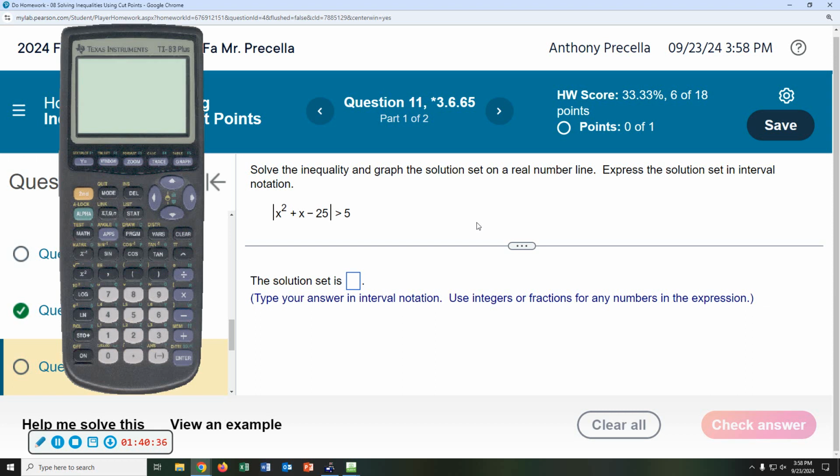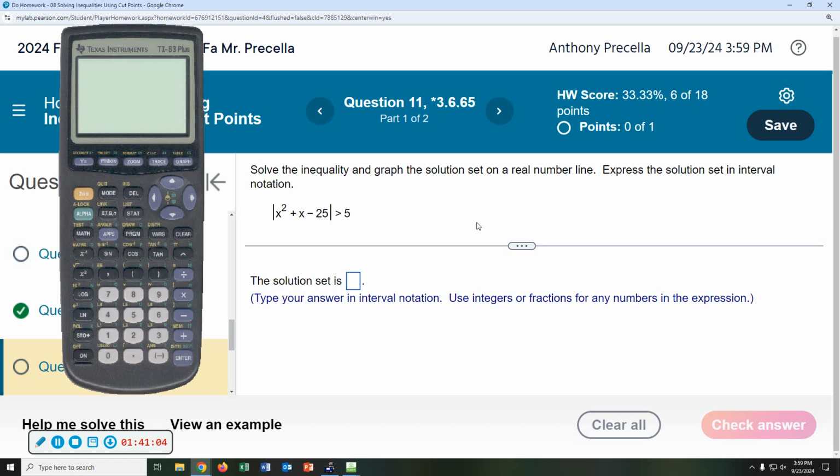X squared plus X minus 25, the absolute value, is greater than 5. Are we going to have any closed circles in our answer on the number line? Are we going to have any rectangular brackets? No. What's the first step to this problem?